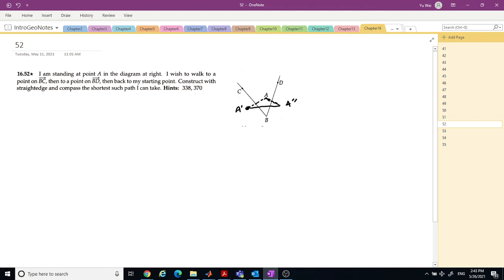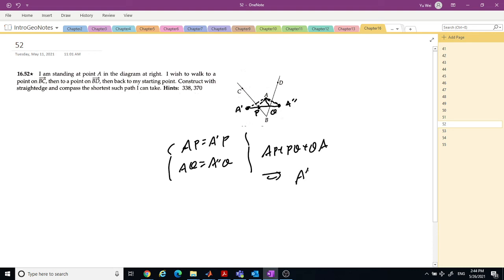So we can connect it to this one, right? So when you walk to the point here, this is P, this is Q. So AP is equal to A prime P, then AQ is equal to A double prime Q. Then you can see AP plus PQ plus QA is shortest as A prime A double prime, right?